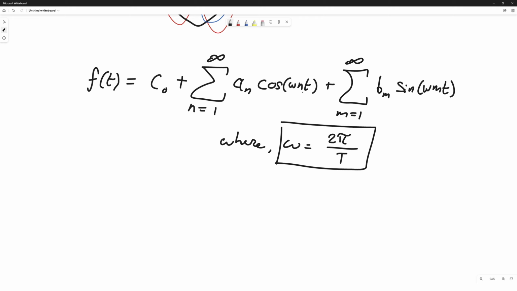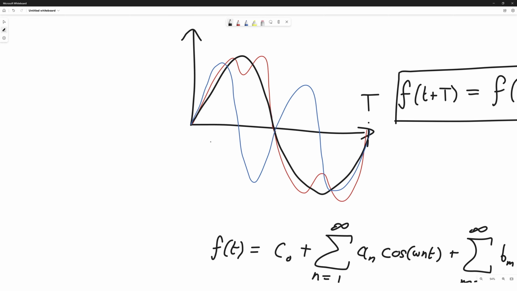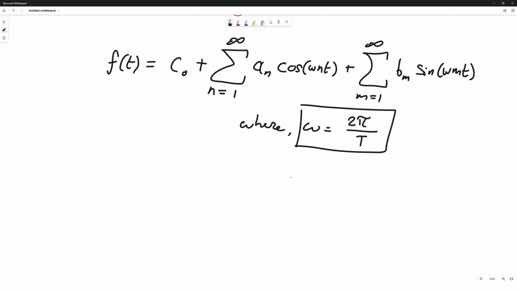And this is the fundamental frequency. So this would be 2 pi over this large sine wave's period, sorry.